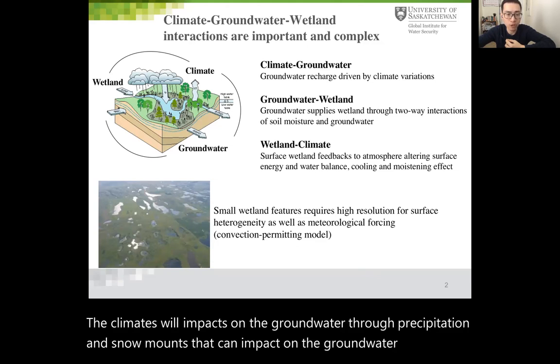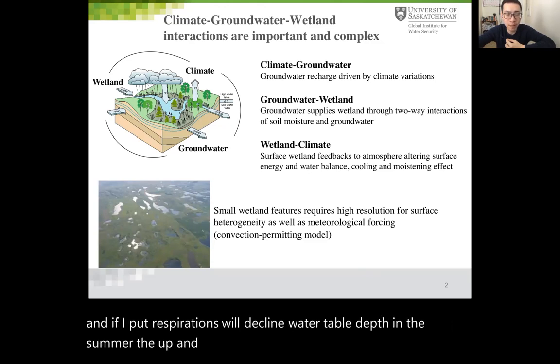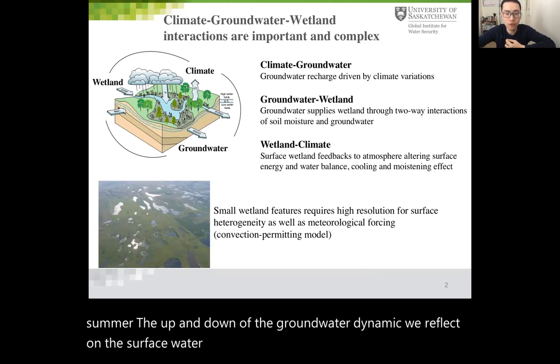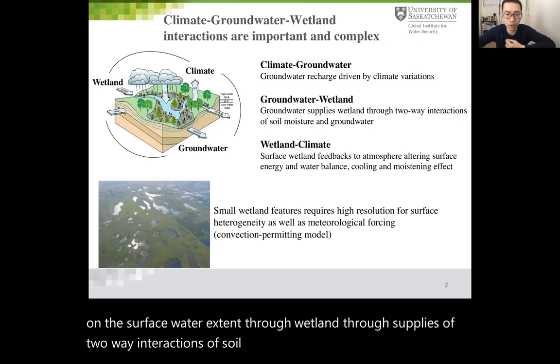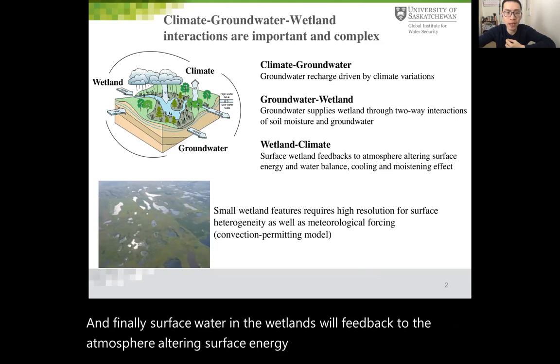And evapotranspiration will decline water table depth in the summer. The up and down of the groundwater dynamics will be reflected in the surface water extent of wetlands through two-way interactions of soil moisture and groundwater. And finally, surface water in the wetlands will feed back to the atmosphere, altering surface energy and water balances, inducing a cooling and moisturizing effect.